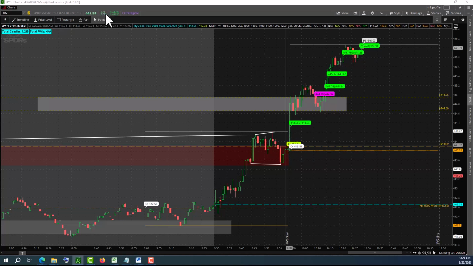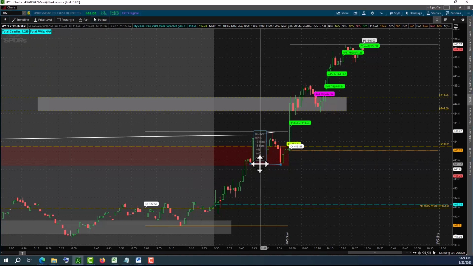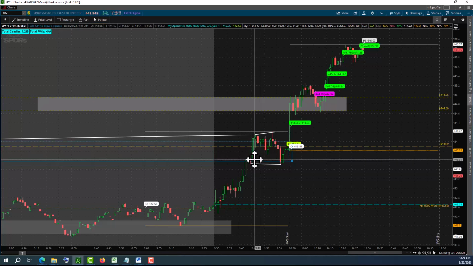Look at right here, you can see that it's a good pullback.